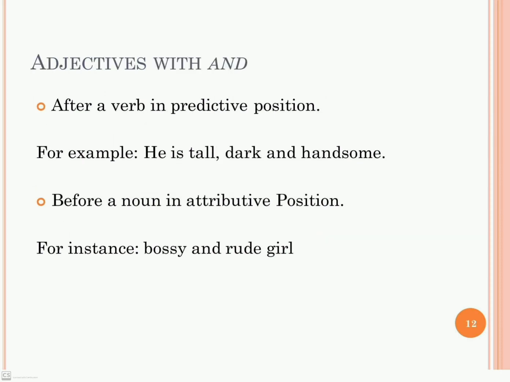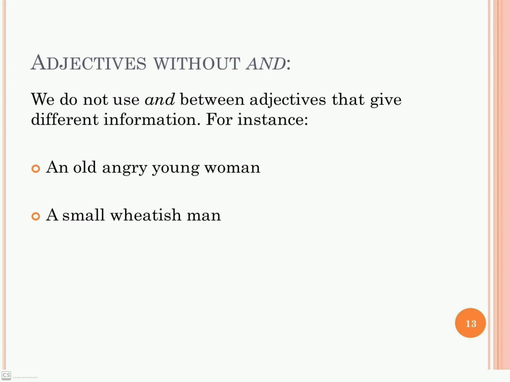Adjectives with and. Sometimes and is used between adjectives, and what are those times? After a verb in predictive position. For example, he is tall, dark and handsome. In predictive position, when the adjective is coming after the verb, we add and. Before a noun in attributive position, bossy and rude girl. And there are adjectives in which we do not add and.